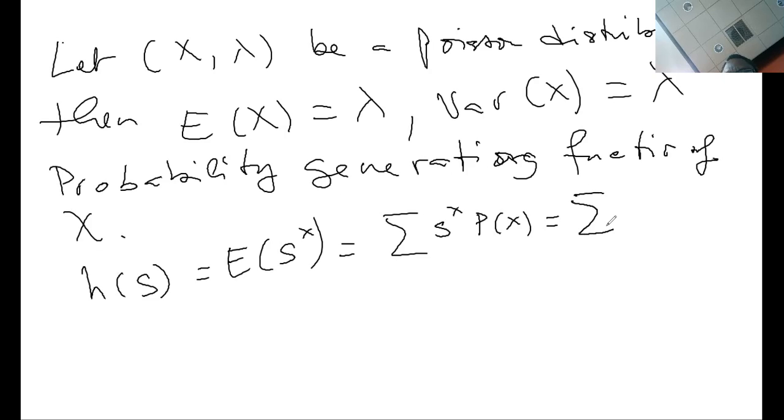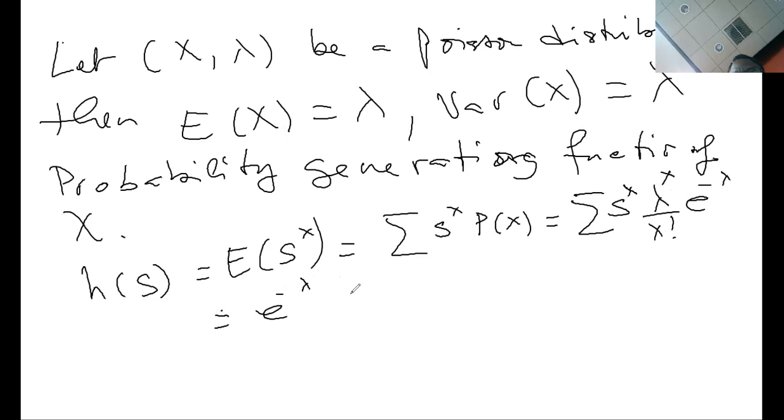This is equal to the sum of s to the x lambda to the x over x factorial e to the minus lambda. It is e to the minus lambda times the sum of s to the x lambda to the x over x factorial.